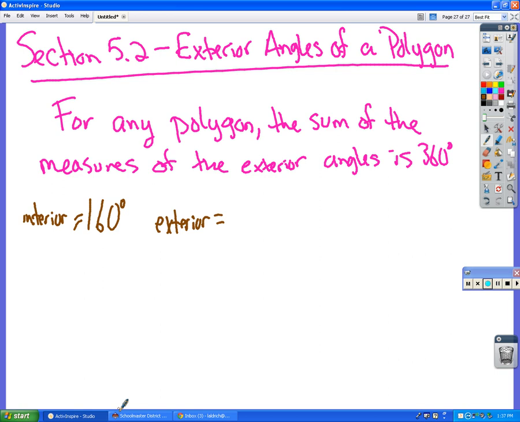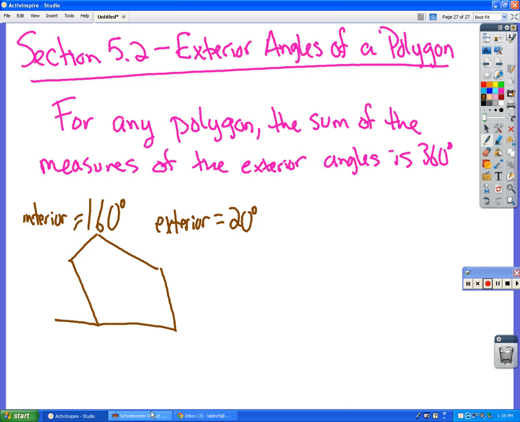Just shout things out. Think about it. Make it a guess. 20. Yes, because when you have the corner of a shape, an exterior angle right there is going to be supplemental to that. They'll always make a straight line. So if the interior angle is 160, the exterior angle is 20. Okay?